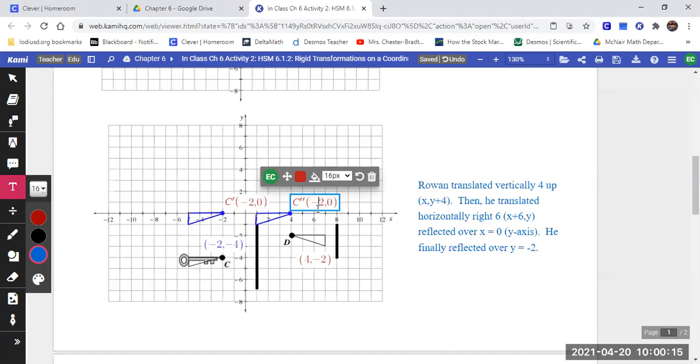What is that point? What is this new point that we move the triangle to? What do I want to change this -2, 0 to? Where is it at? It's not at -2, 0 anymore. Where's it at?